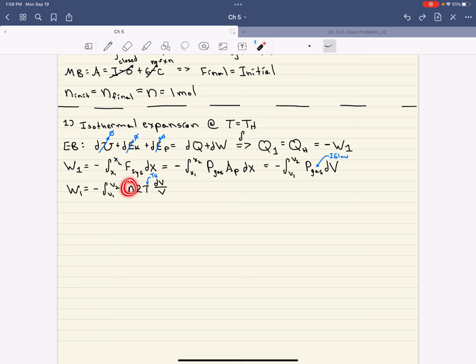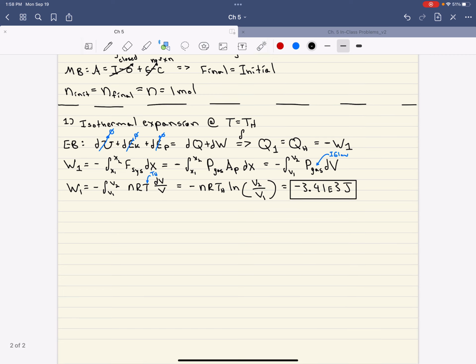So when we integrate, all we have to integrate is the V here. What we get is that W1 is equal to nRTH natural log of V2 over V1. We know everything on the right hand side, so all we need to do is plug in. What we get is that the work is equal to negative 3.41 × 10^3 joules, or negative 3.41 kilojoules.